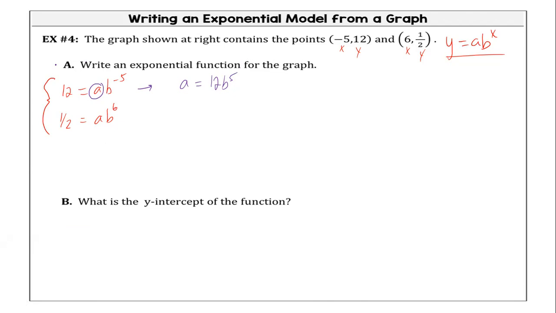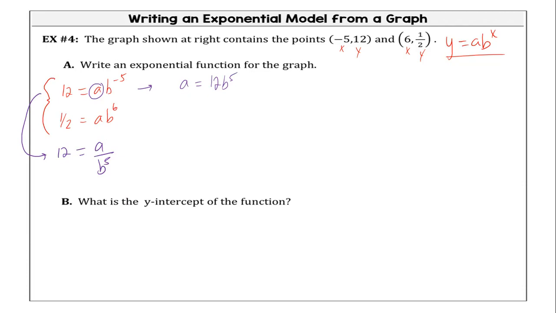So if how it's written bothers you, you could rewrite this as 12 equals a divided by b to the 5th. So what would I need to do to get a by itself? Multiply by b to the 5th, which is why Andrew said a equals 12 times b to the 5th. Yes, you did.